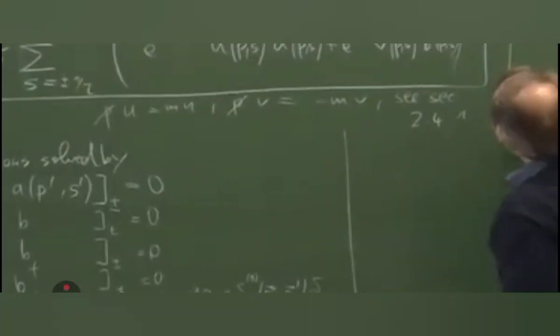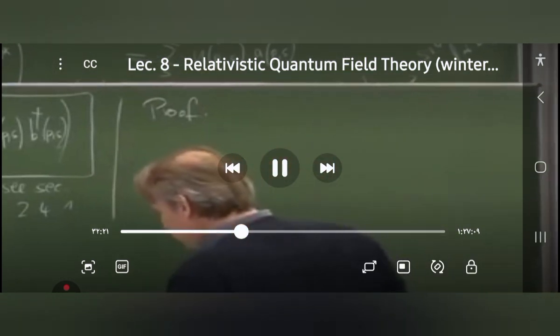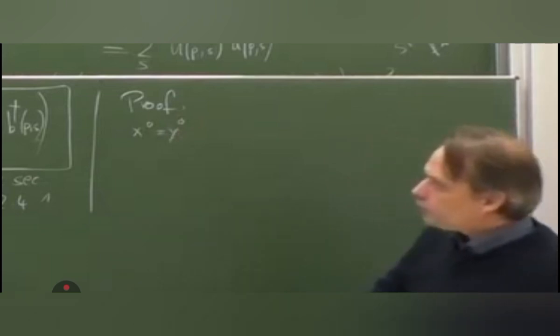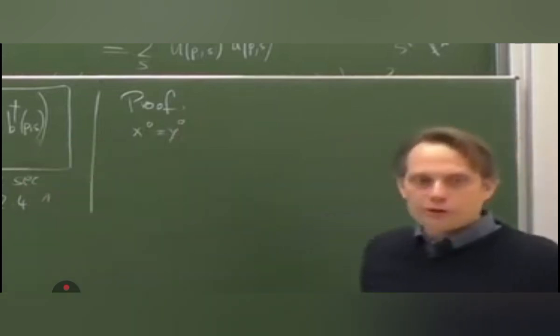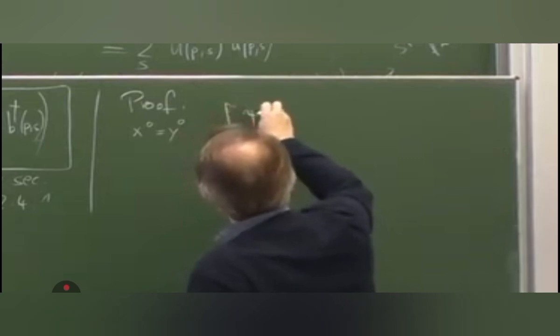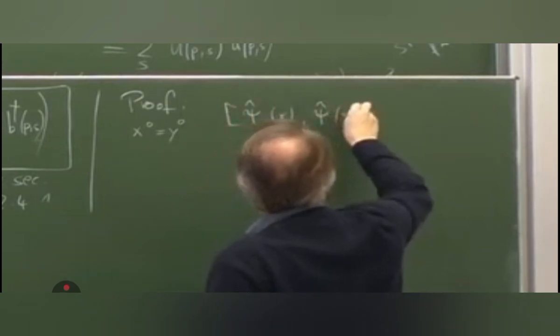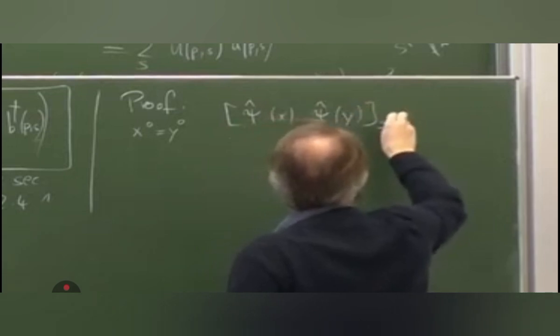Let me just start. So in order to prove it, you first always need to fix the times: all field operators must have the same time. And then we look at, for example, psi of x with psi of y, plus or minus. So that would be the first commutator.